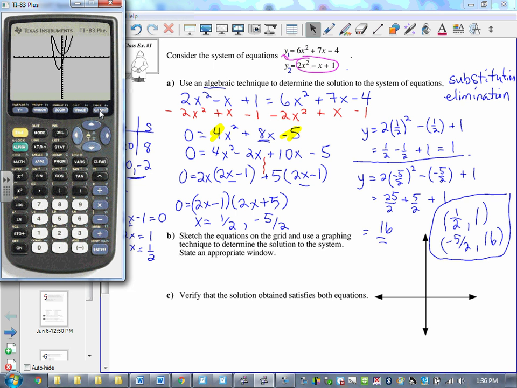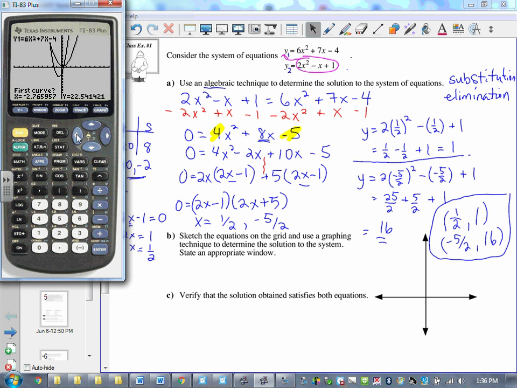There's our graph. Can we see our two solutions? This one up top might be a little bit not quite in our window, so let's make our y max a little bit bigger. No, let's make it 20. Okay, so there's our two solutions, and what do we need to do? Intersect. So second trace, option 5.